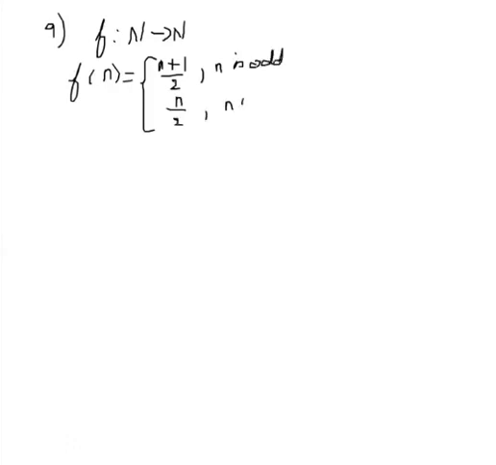Question 9. f is from N to N, defined by f of n is (n plus 1) by 2 if n is odd, and n by 2 if n is even.